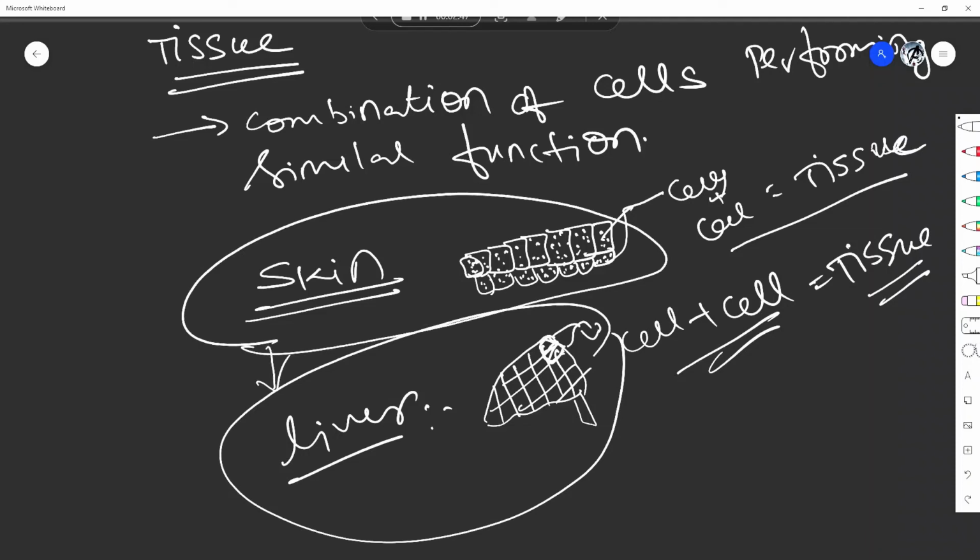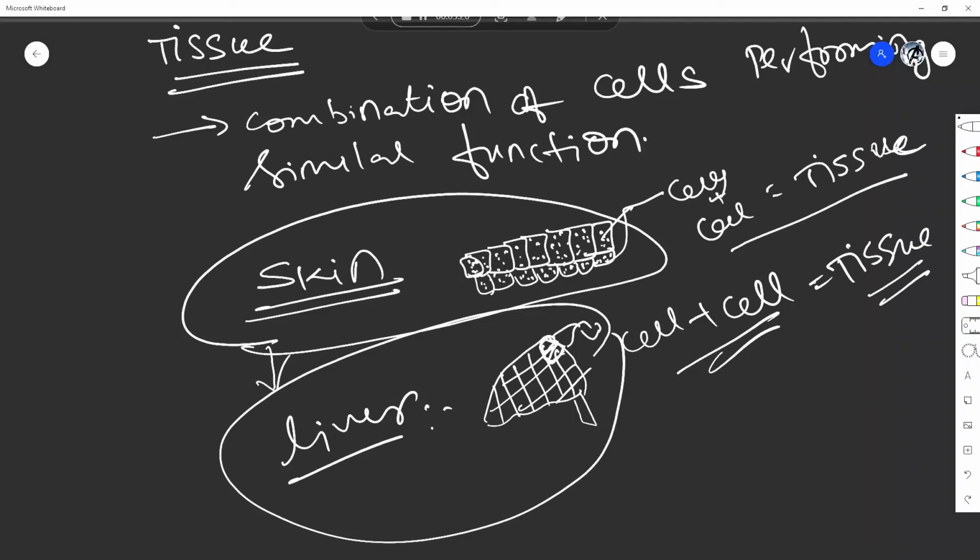So whatever organ or organism you consider, it will have the tiniest possible part, that is the cell, and cells will join to form a tissue which performs a similar function. Cells of the skin are different, cells of the liver are different, but all the cells in the liver perform the same function, and all the cells in the skin perform the same function. That's it. Hope you understand the topic.